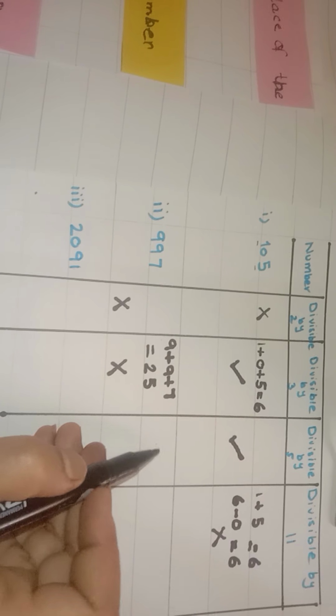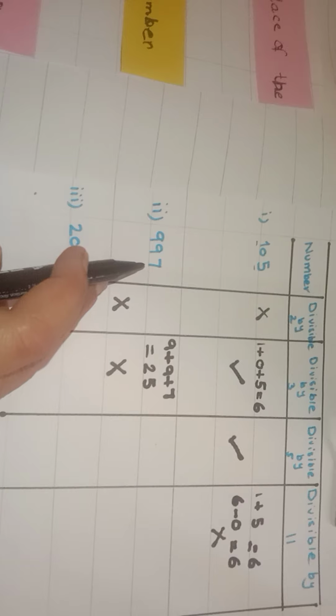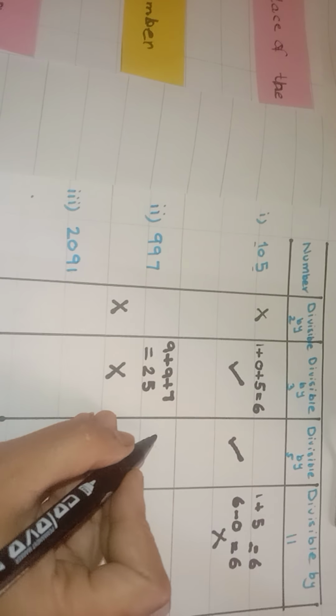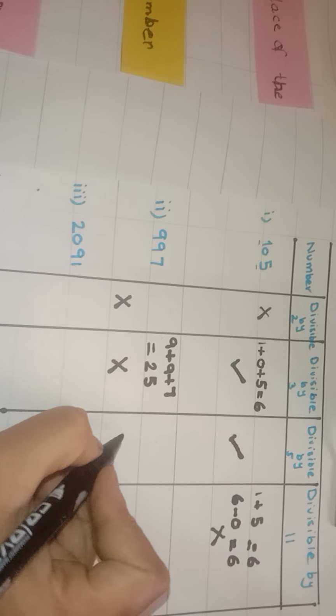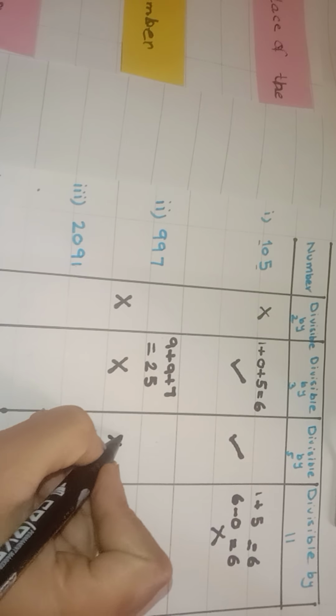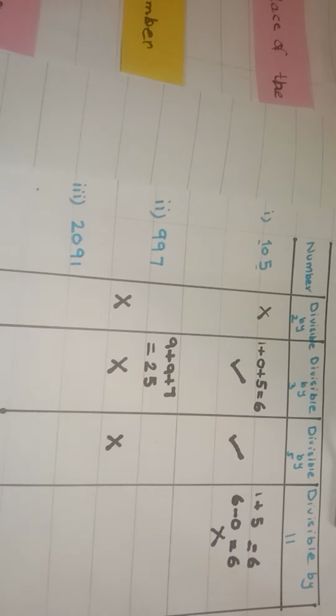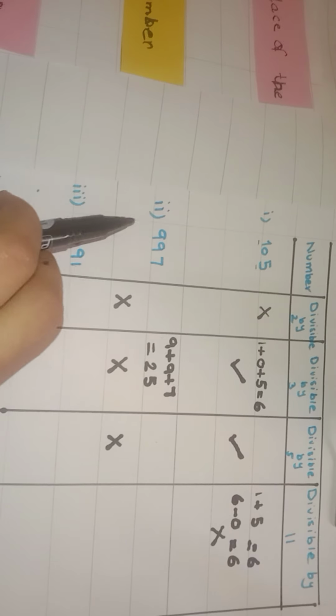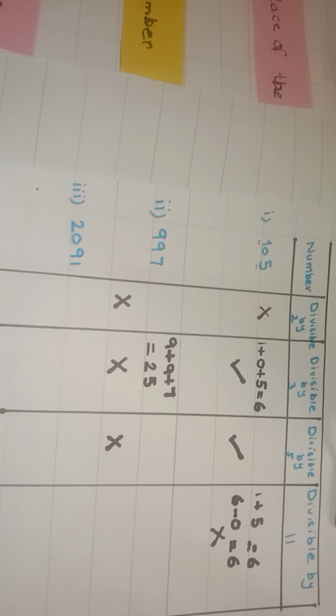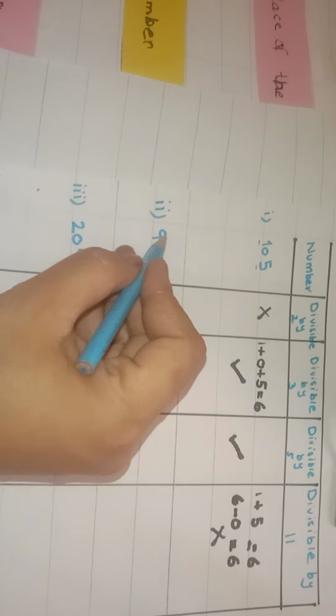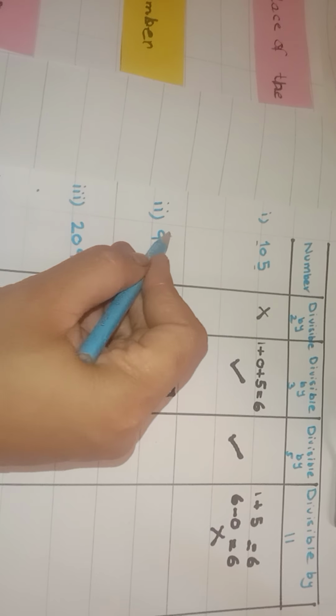For divisibility of 5, last number should be 0 or 5, so both conditions are not satisfied, it means it is not divisible by 5 as well. Now for 11, we have to add alternate digits, this one and that one.